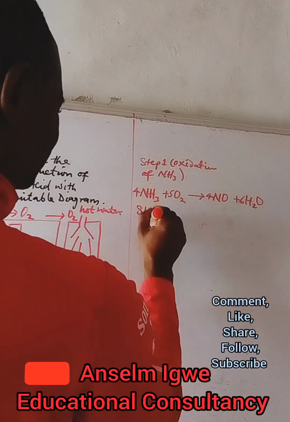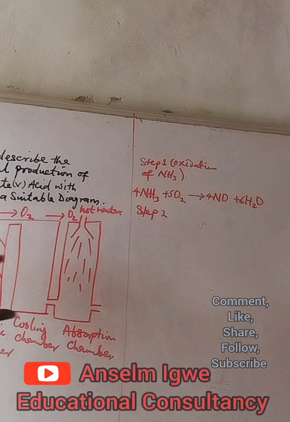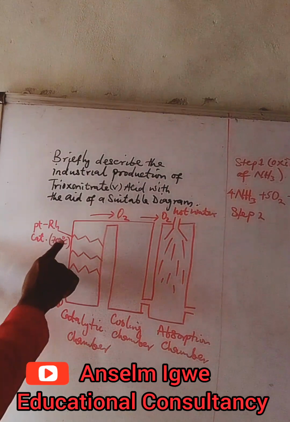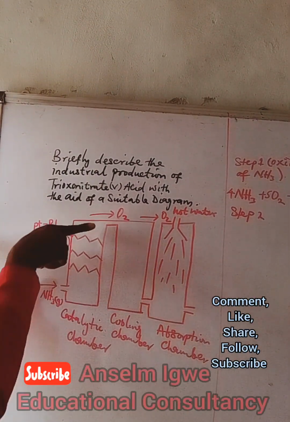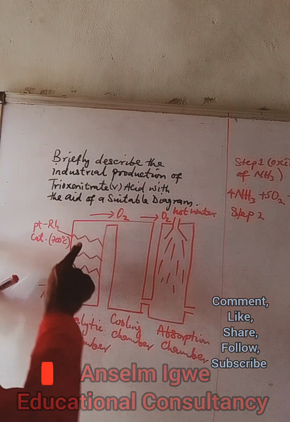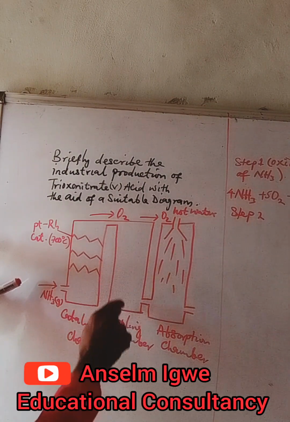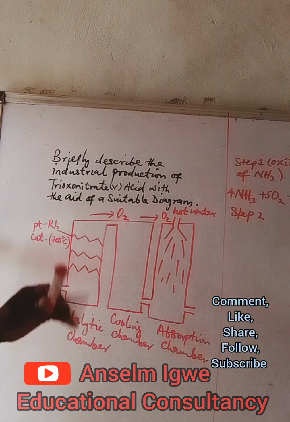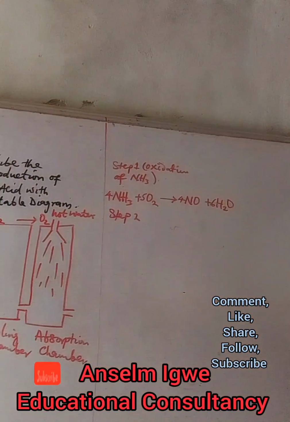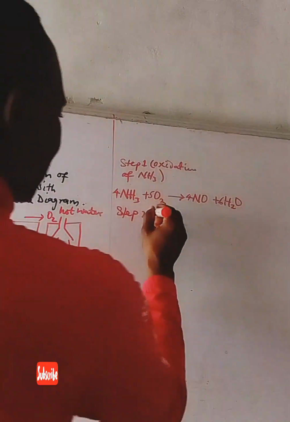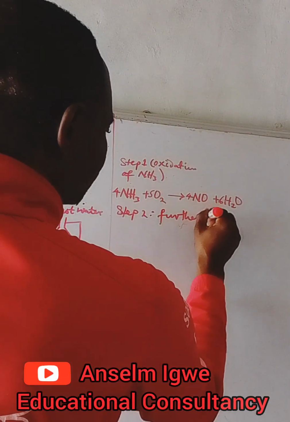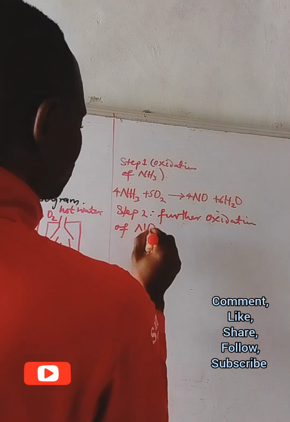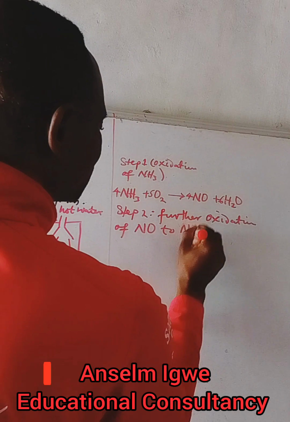Secondly, step 2. In the cooling chamber, when NO, nitrogen 2 oxide, is formed in the catalytic chamber, it is forced inside. It's a gas, so it enters the cooling chamber. The cooling chamber has a low temperature, and what happens is that there will be further oxidation of NO. So step 2 is further oxidation of nitrogen 2 oxide to nitrogen 4 oxide.